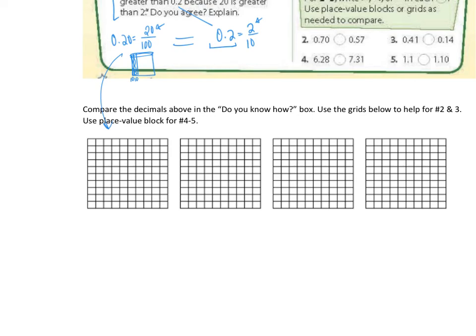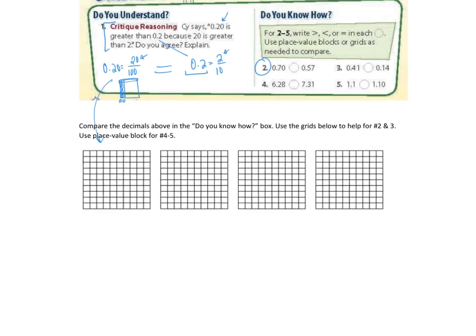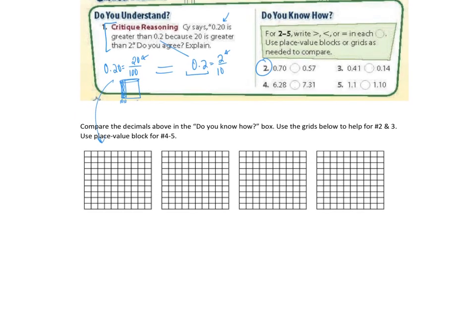So what we want to do next is look at number 2 here: 70 hundredths with 57 hundredths. Even just saying the words might be helpful. The place value of this is 70 hundredths.